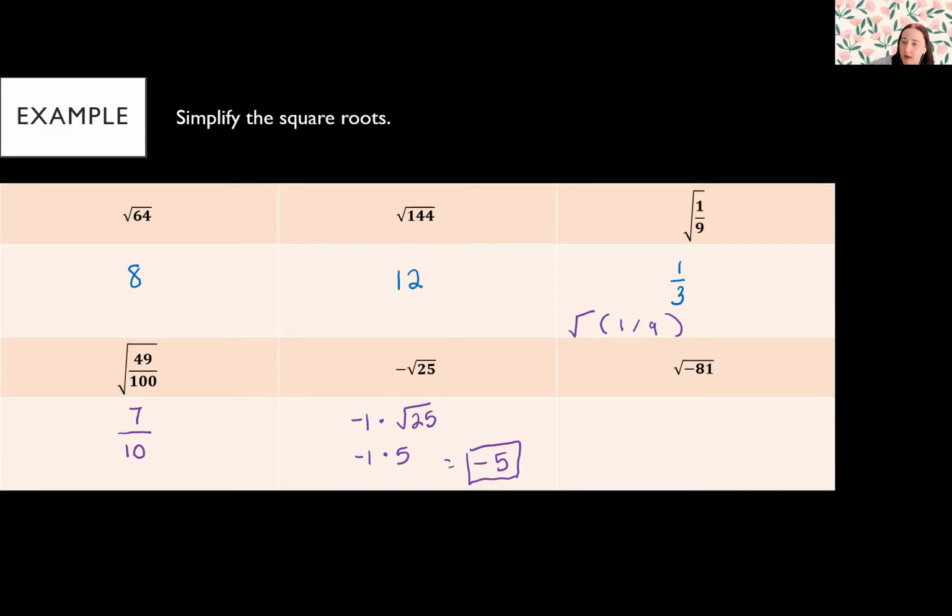They have to have the same sign. So it's impossible to multiply two things together and get a negative, because you're either going to have a positive times a positive, which gives you positive, or a negative times a negative, which gives you positive. So you can't get a negative. There is no way to get a -81 when you're squaring. So when you try to take the square root of -81, there's no answer that will do that. So we say that this is not a real number.